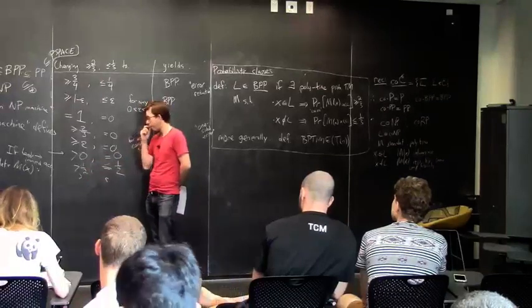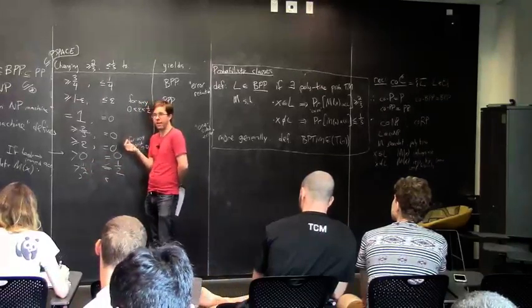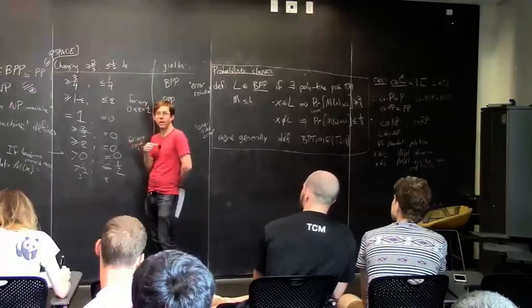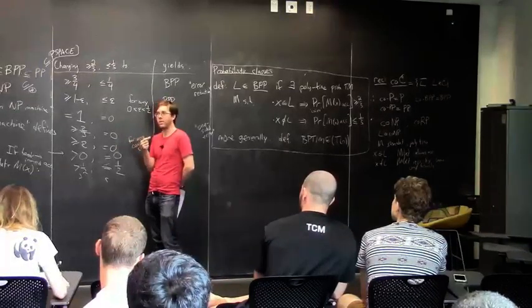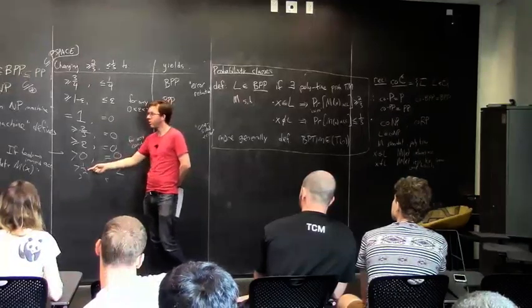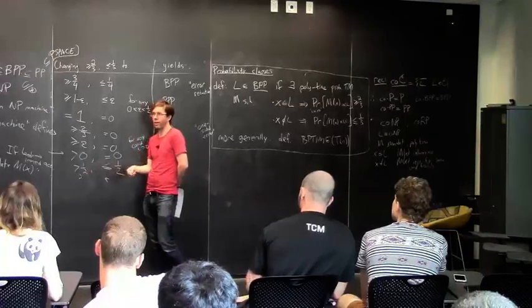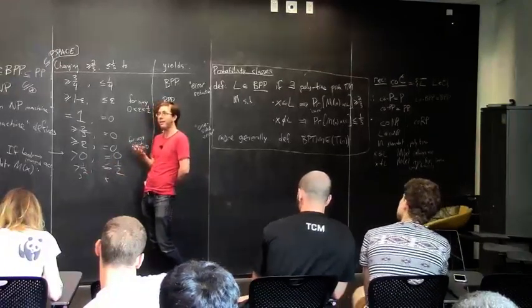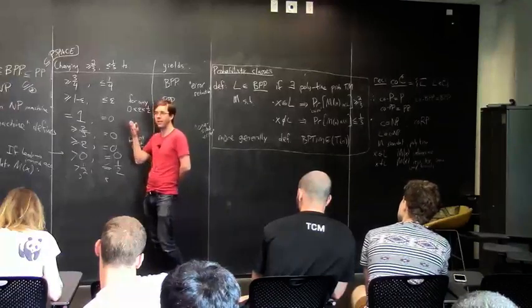You might worry that it pushes your acceptance probability in some cases down below 1/2, which would be bad. But if the PP machine runs in time, let's say n squared, then it can only flip n squared coins, so the probability of any outcome is always an integer multiple of 2 to the minus n squared. So if it has a strictly greater than 1/2 chance of accepting a string, then in fact it has a probability that's at least 1/2 plus 2 to the minus n squared.